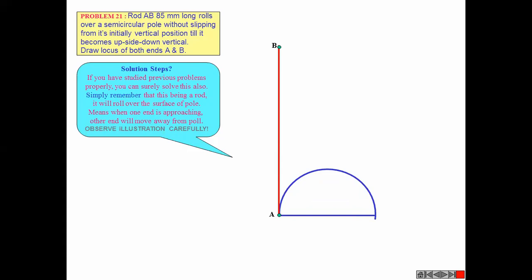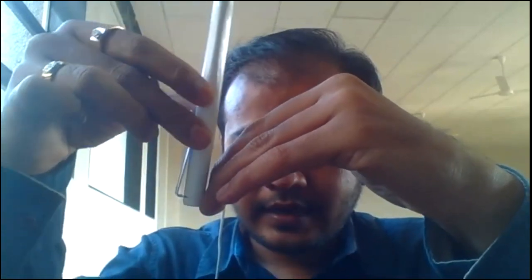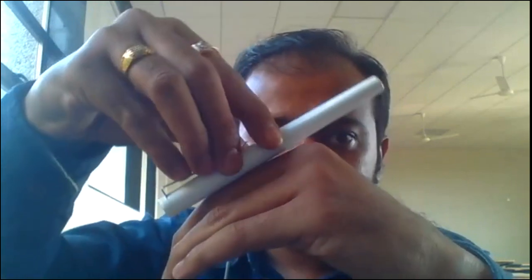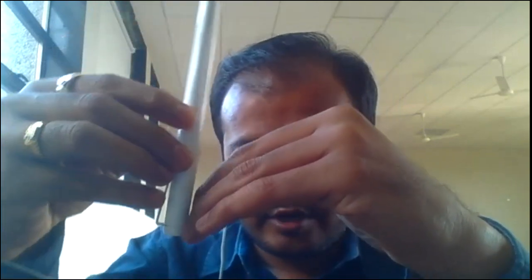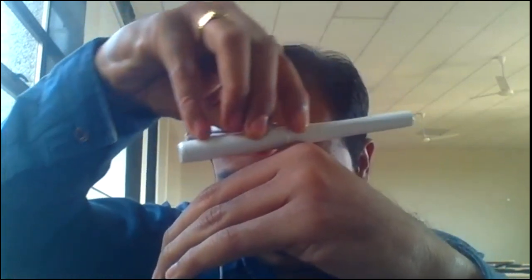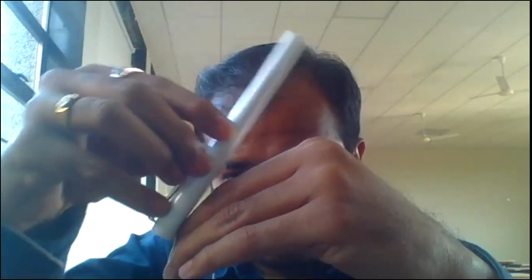I will show you how you can imagine it: hold your fist like this as a semicircular arc, then put a ball pen like this and try to roll it. So actually we are required to trace the top of the ball pen and the bottom of the ball pen. Fine, that is our problem.